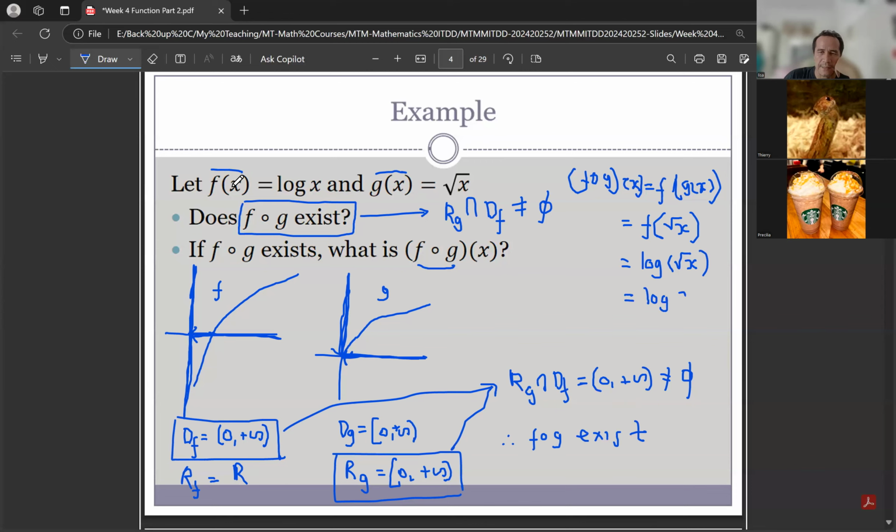This is x to the power of a half, and by the properties of logarithms, the half can jump to the front. So it will be a half log of x. This is the answer to this question.